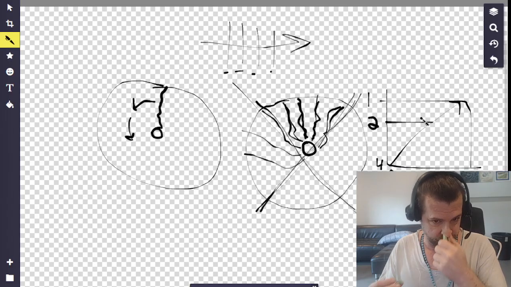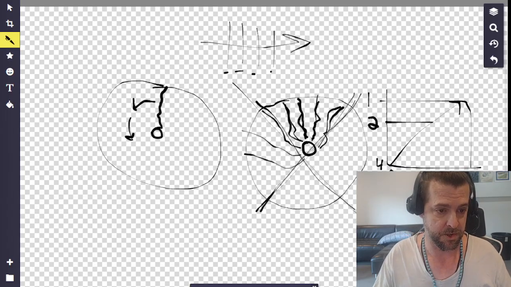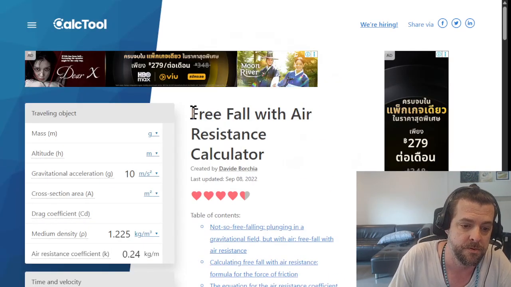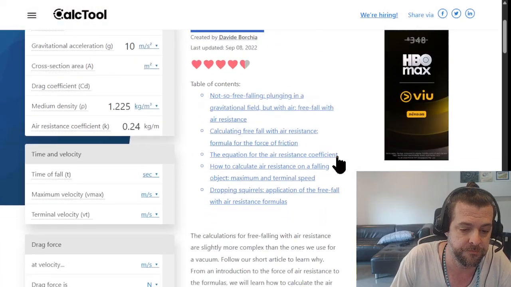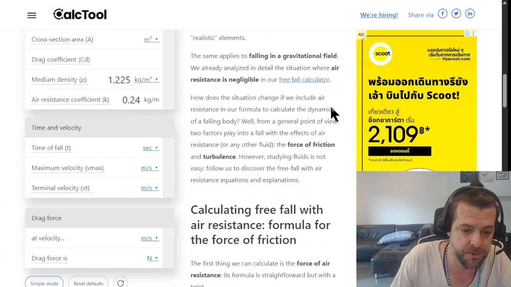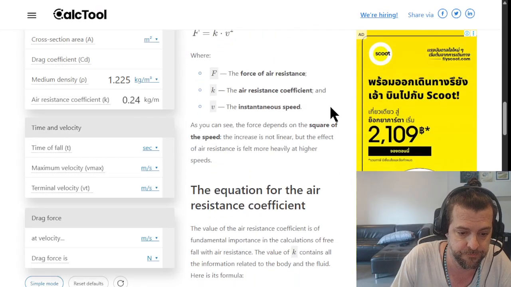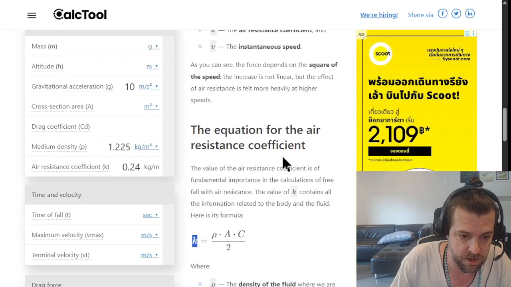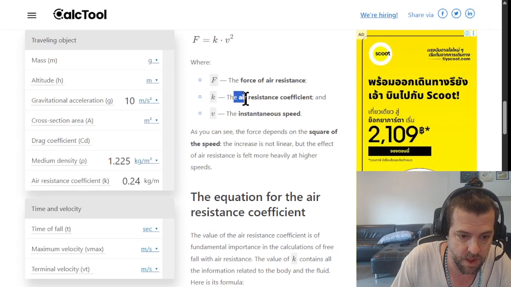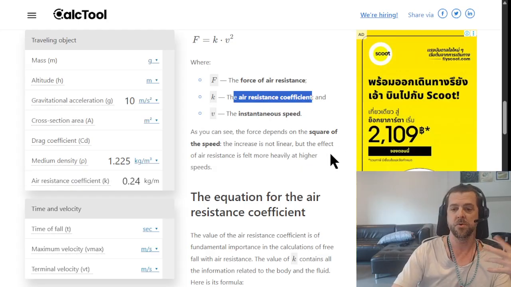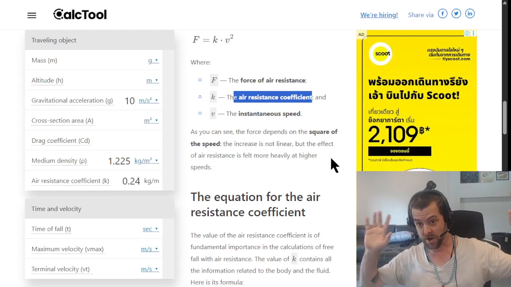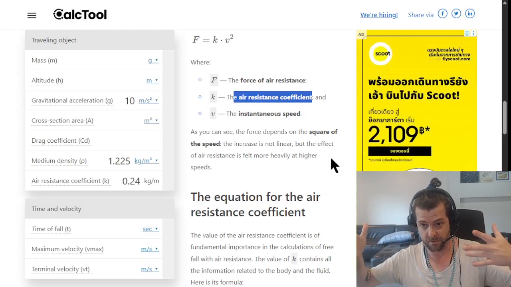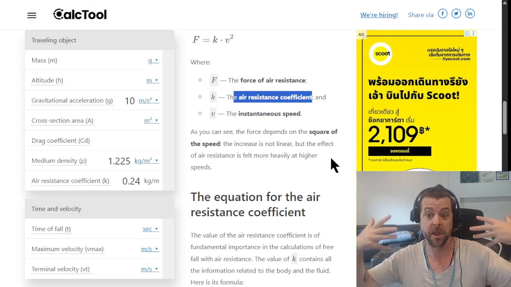So, what I wanted to do was to go over this equation. Free fall air resistance calculator, okay? Now what we can do with this is we can calculate things like this. K is the air resistance coefficient. So if you're free falling, like a skydiver, your K determines how fast you fall, how much you're affected by the air resistance.